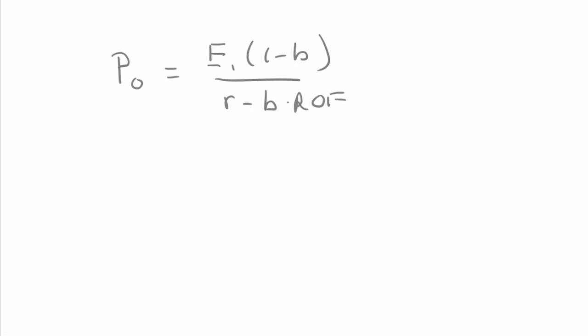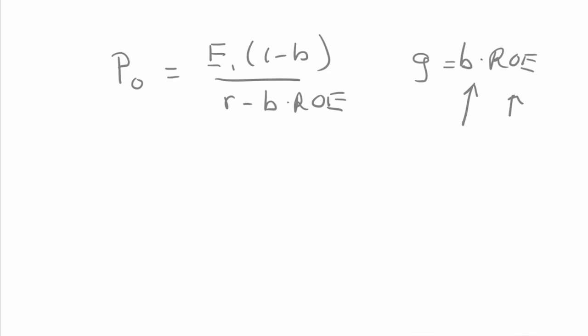But not all growth is created equal. Let's look back at this formula. So keep in mind that growth is B times ROE. If you want growth, you need to either increase your profitability or you need to plow back more.